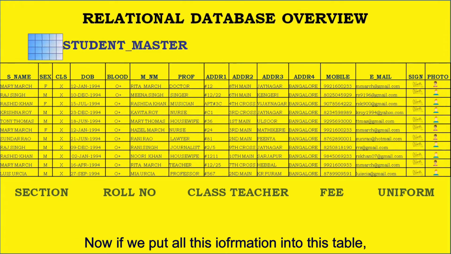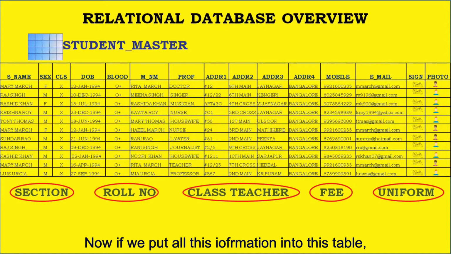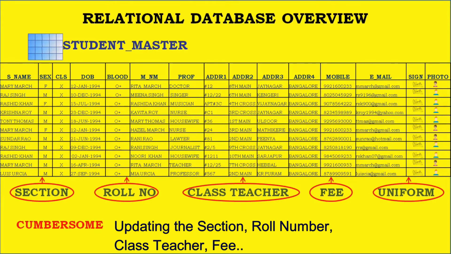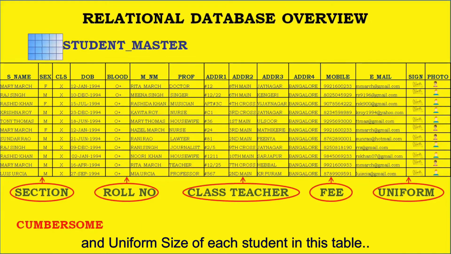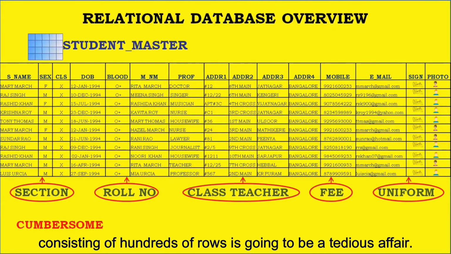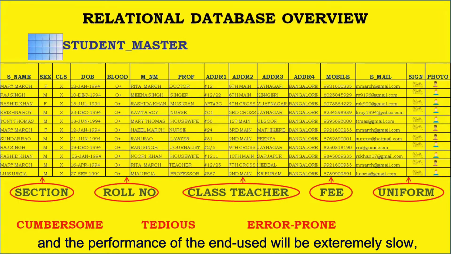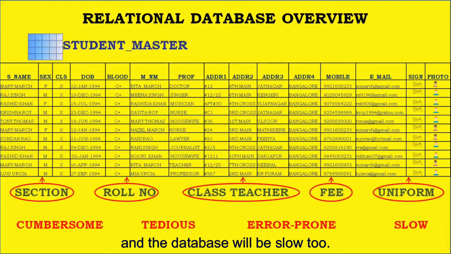Now, if we put all this information into this table, the increased number of columns and data is going to make this table cumbersome. Updating the section, roll number, class teacher, fee, and uniform size of each student in this table consisting of hundreds of rows is going to be a tedious affair. It will be highly error prone and the performance of the end user will be extremely slow and the database will be slow too.